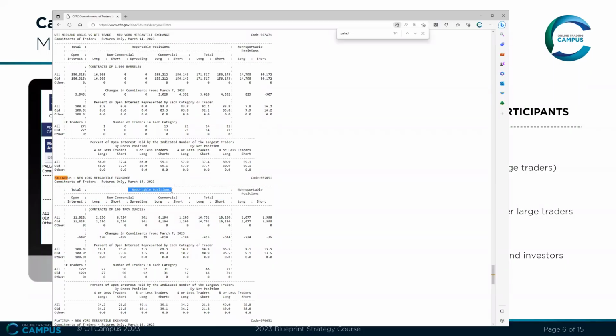The reportable positions are your large traders, your commercials and your non-commercials. These are your institutional traders. They're so large, they're by law required to transparently open their books to the CFTC and say, this is how many longs we have open, this is how many shorts we have open, and they have to do this once a week. So they are regulated. They by law are required to do this.